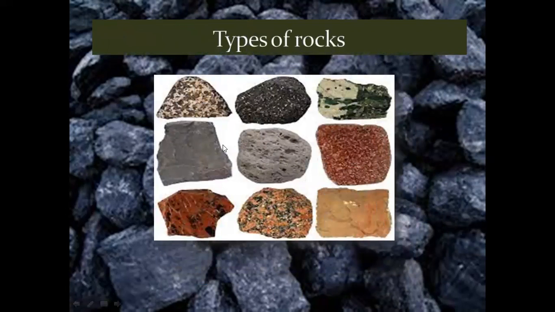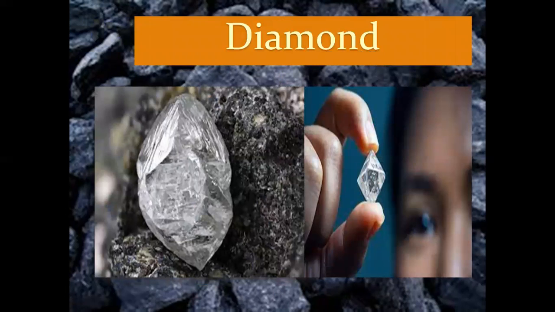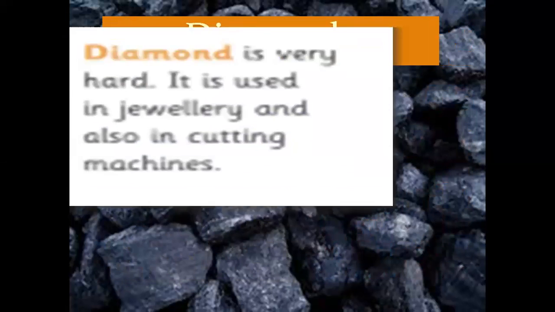Types of rock. There are different types of rocks, and each rock has different properties. Some are shiny, some are small, some are hard, some are soft. For example, diamond. Diamond is a rock that is very strong, and it is a precious rock.